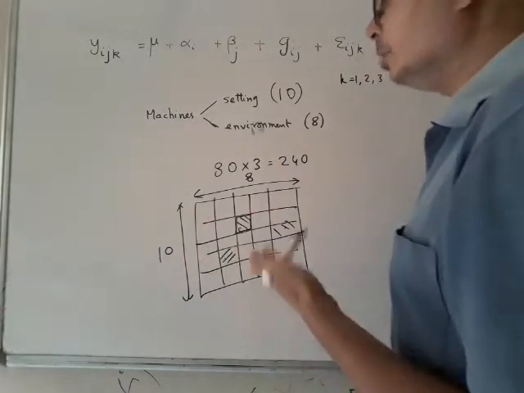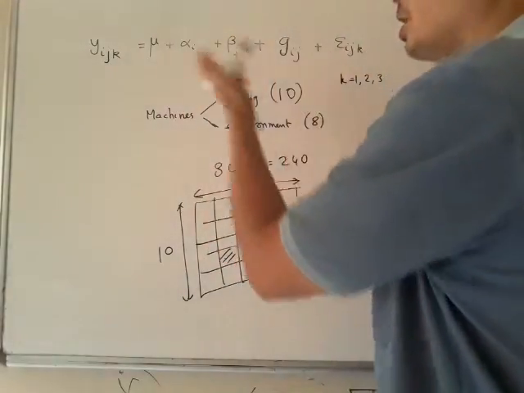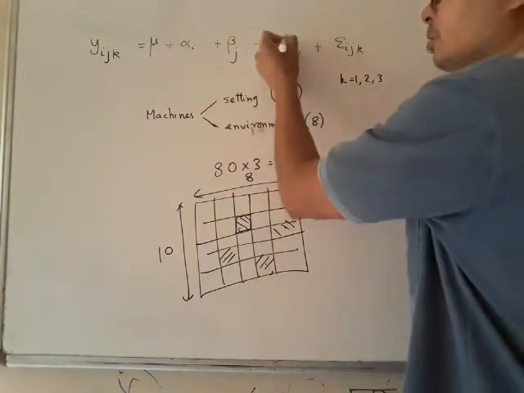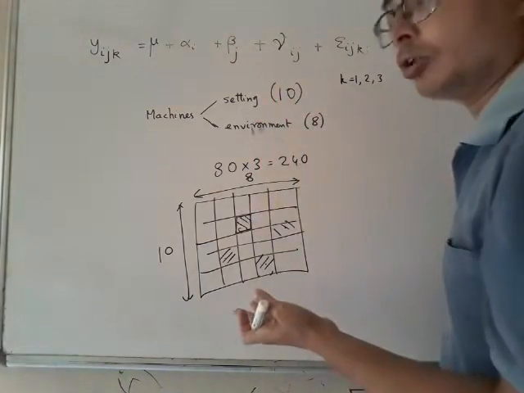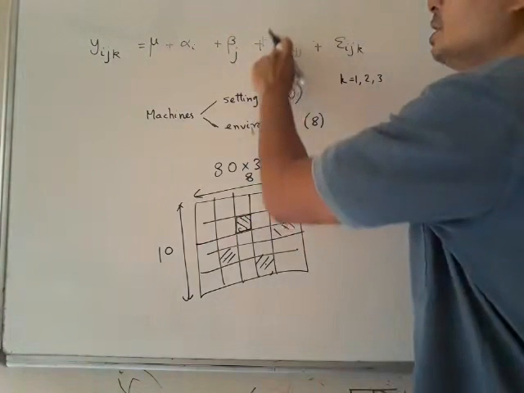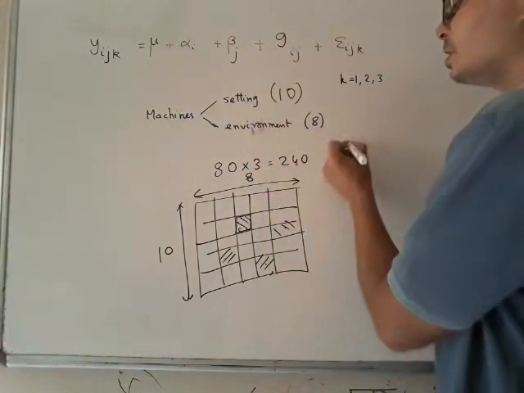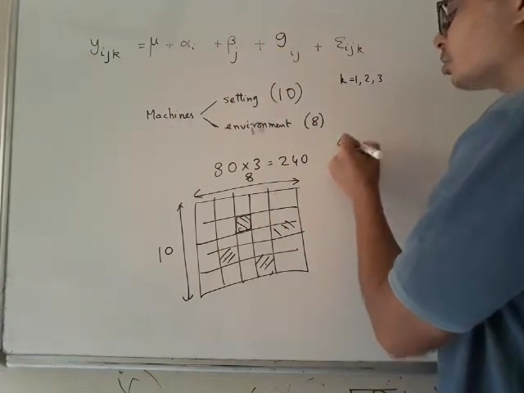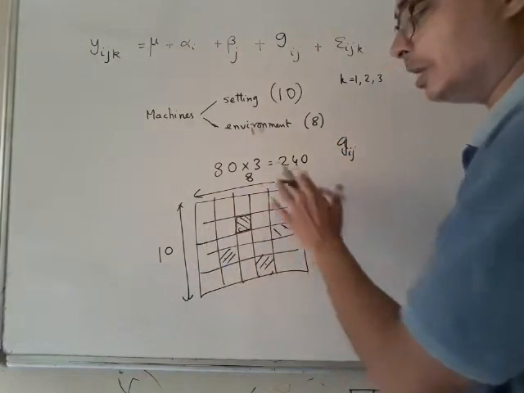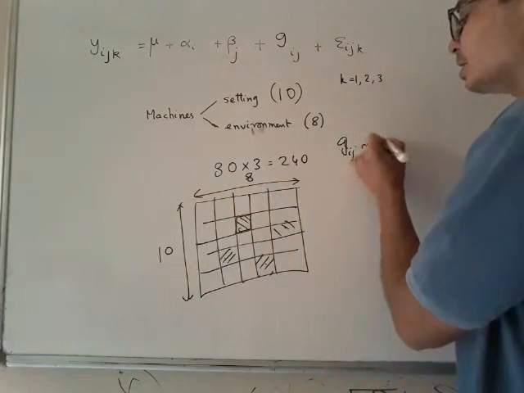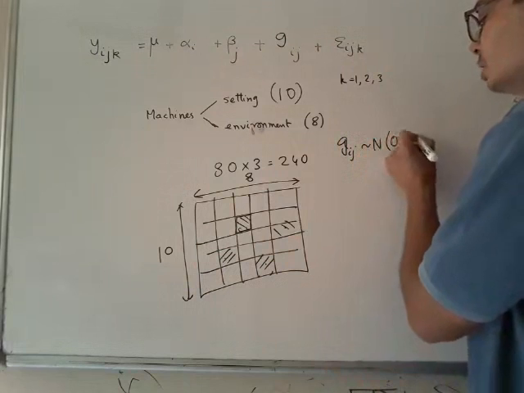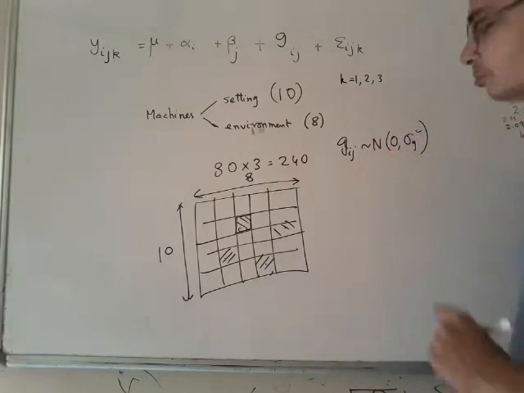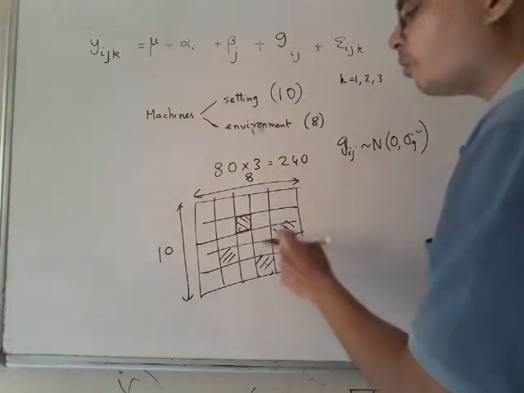Then you can still use this model. You cannot, of course, use this model because some of the ij combinations have not even occurred. You can still use this model under the assumption that Gij's all behave more or less similarly. They come from some identical populations, 0, sigma g squared, of which you have got 4 samples.